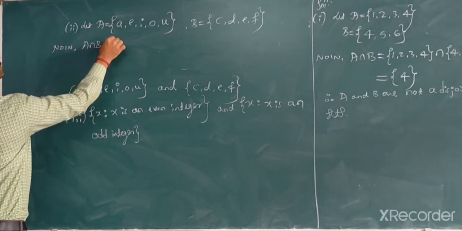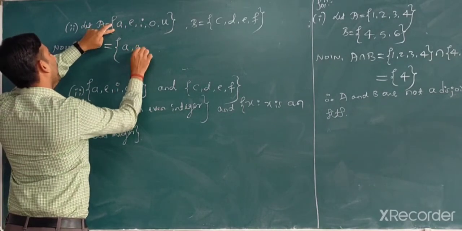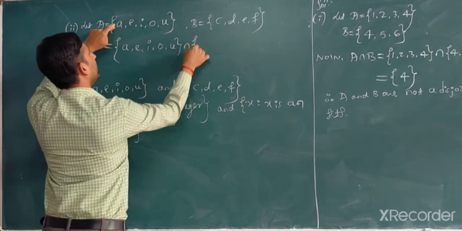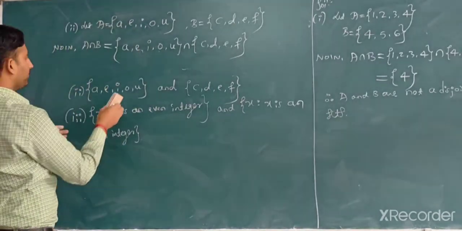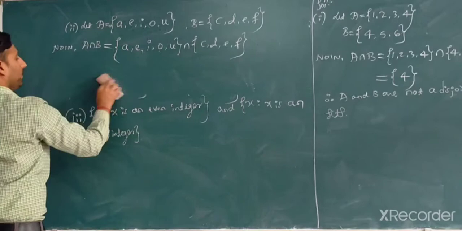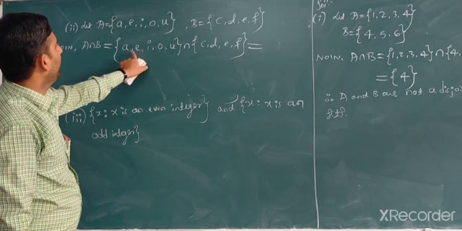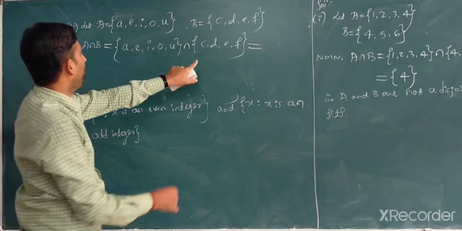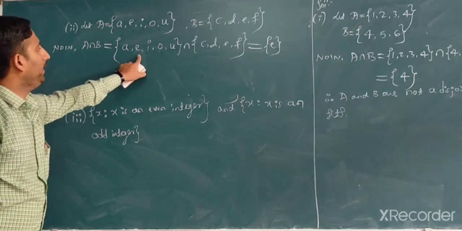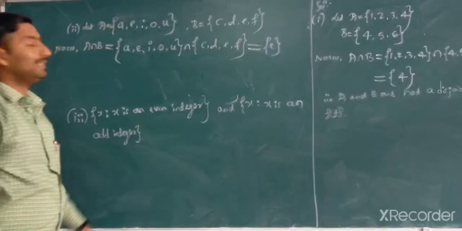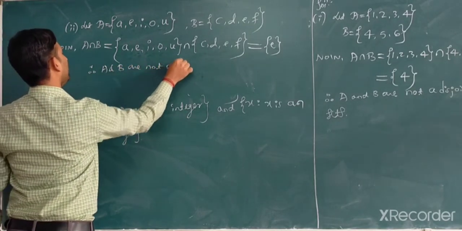A intersection B is equal to A, E, I, O, U intersection with C, D, E, F, which is equal to the singleton E. The element is E. Therefore, A and B are not disjoint sets.